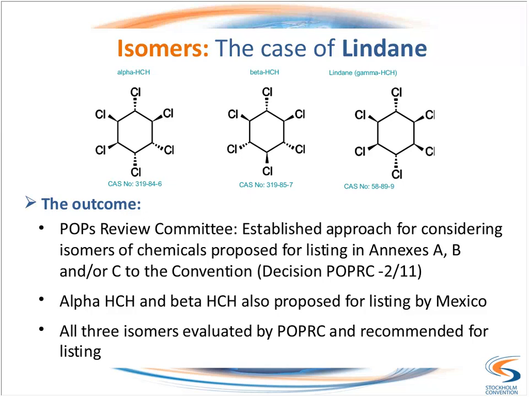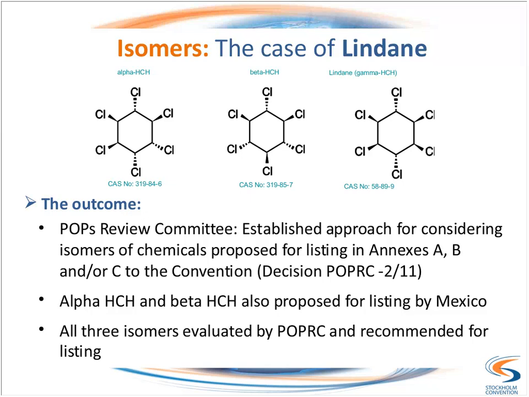So the conference of the parties said to the POPs review committee, you cannot assess alpha and beta only if someone notifies it also. And then Mexico also proposed alpha and beta for listing, and after evaluation, all three isomers were evaluated and recommended for listing and were listed.